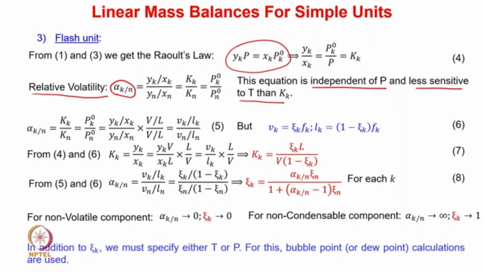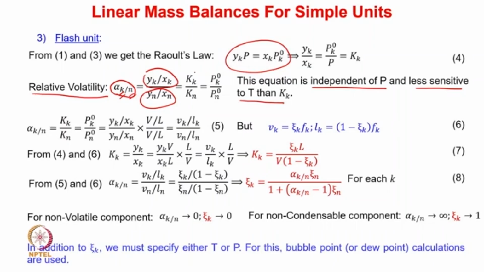Now definition of relative volatility is what? Definition of relative volatility is the mole fraction of kth component in the vapor, divided by mole fraction of kth component in the liquid, divided by mole fraction of key component in vapor divided by mole fraction of key component in the liquid. So this ratio is nothing but relative volatility of component k with respect to the key component n.